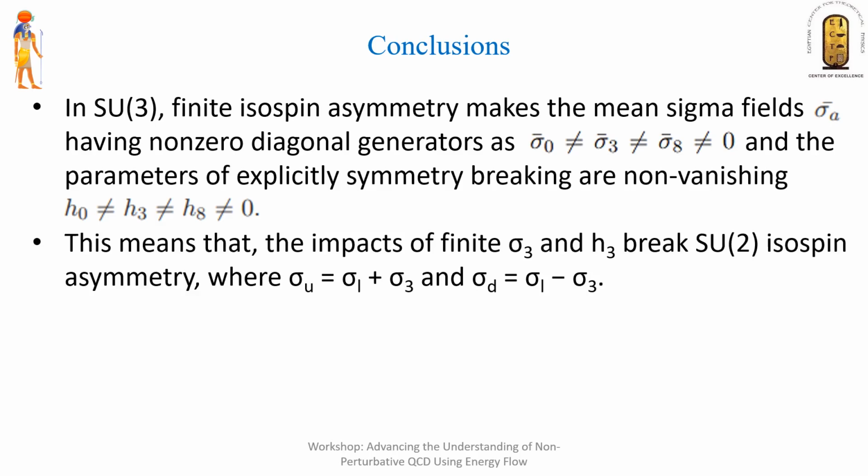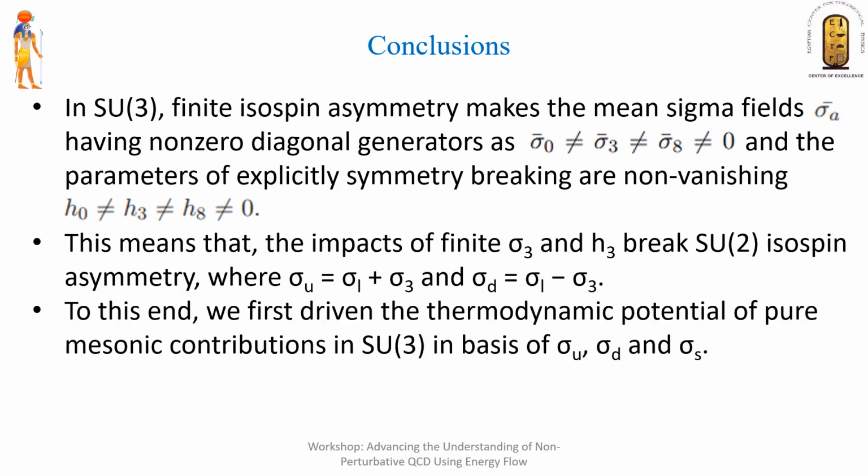the parameter that takes care of the isospin chemical potential, of isospin asymmetry. This means that the impact of the finite sigma 3 and H3 breaks SU3 isospin symmetry, where we can determine sigma u for up quarks and sigma d for down quarks and so on.